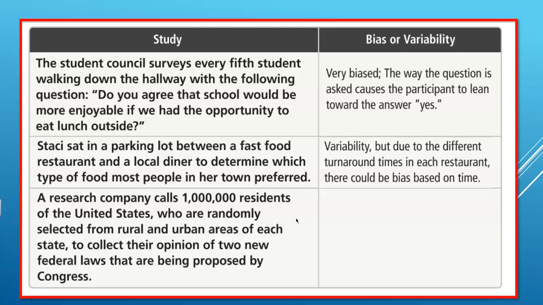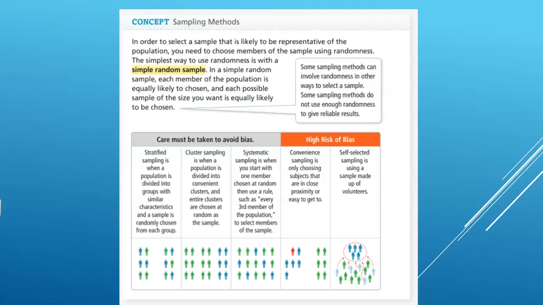They're randomly selected from different areas, and they're getting the opinion of two new federal laws. There is variability, which is a good thing, although the caller could hang up, correct? And we don't know how they ask the questions either, so that could cause bias that way.